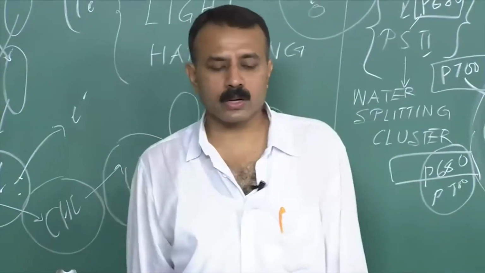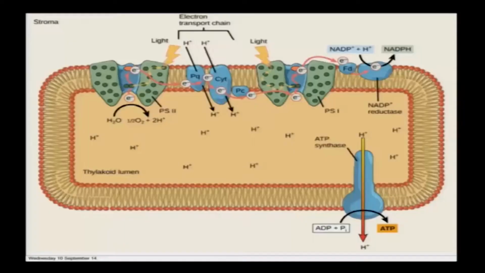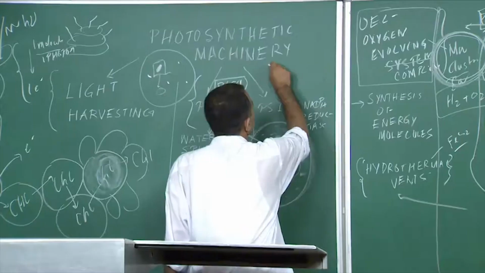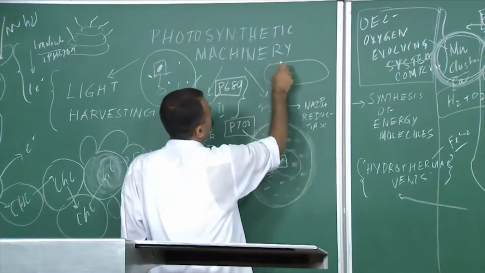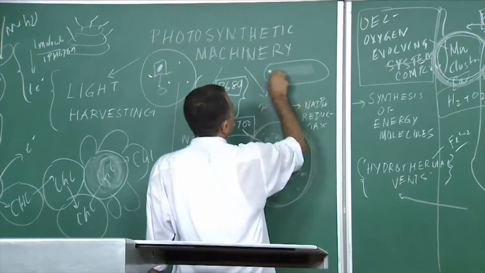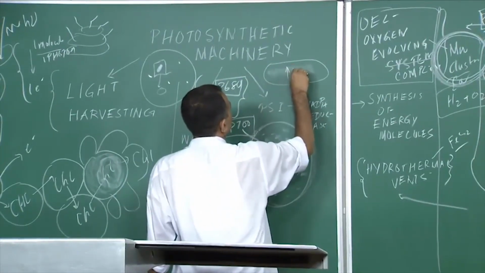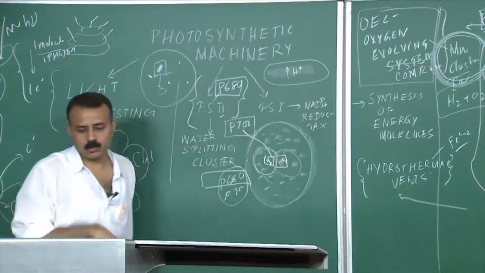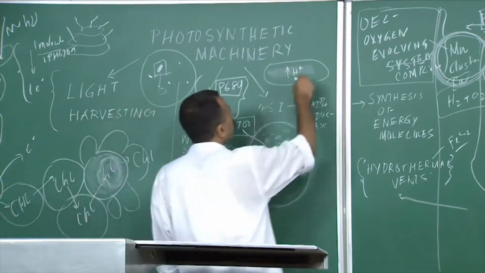If you see the reaction carefully on the slide, you will see H2O gives half O2 plus 2H plus. So, now your thylakoid lumen is very rich in protons. So, essentially, if this is your luminal part of it, it has a very high concentration of the protons which are present there. Okay.